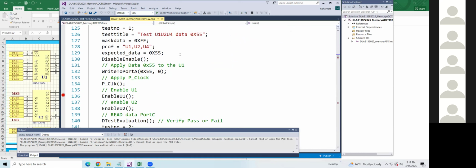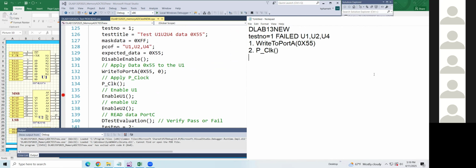Enable U1, enable U2. And finally, verify: pass or fail.